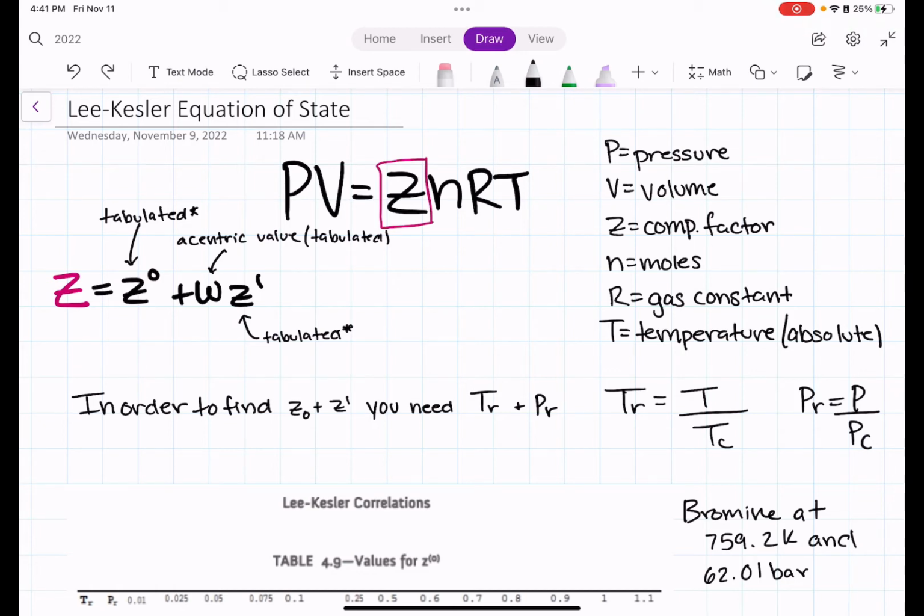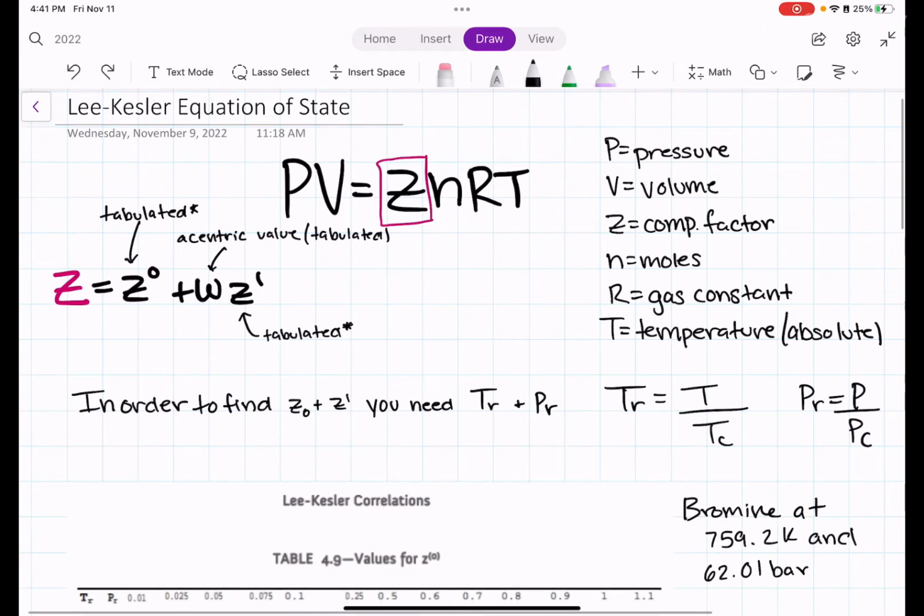The equation to find the compressibility factor, or Z, is Z equals Z naught plus W, the eccentric value, times Z prime, or Z1. Z naught is tabulated in your textbook, as well as the eccentric value and the Z prime.